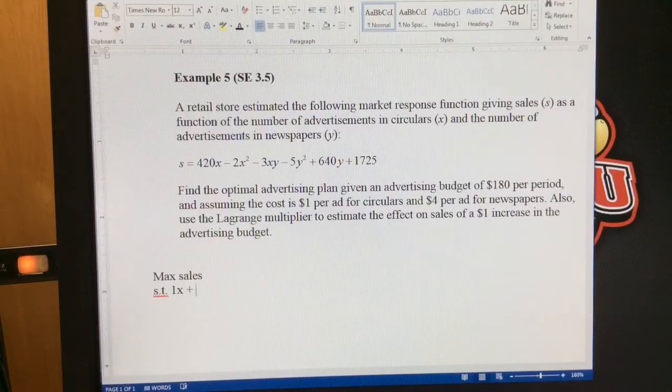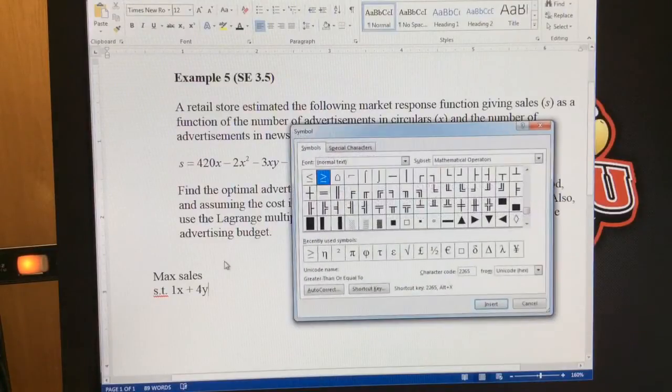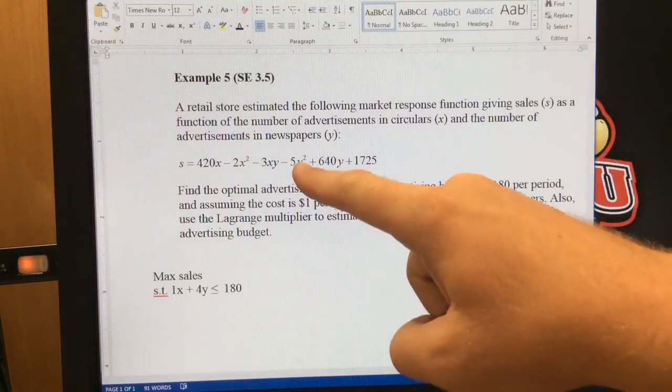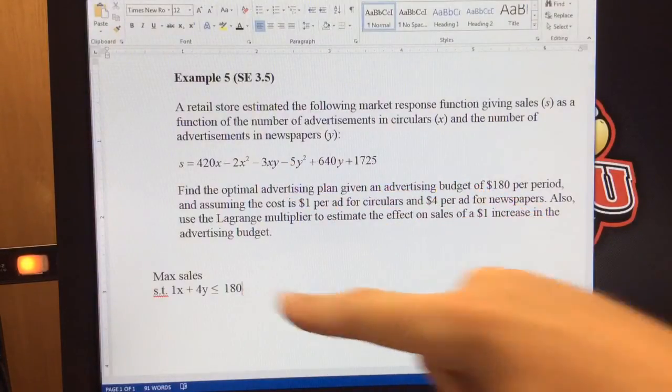And for every newspaper ad, it's going to cost us $4. So if we put all of our money into circulars, we can produce 180 of those. So we want these to be less than or equal to 180. That's our constraint. So we're optimizing our sales function subject to this constraint.